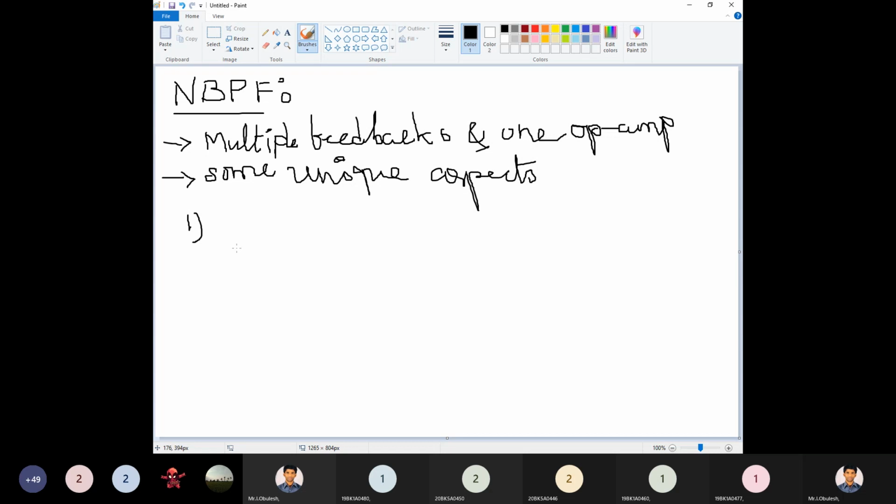And here we are using the op-amp in inverting mode. So in this we are using two feedback paths and one op-amp. This is used for inverting mode.